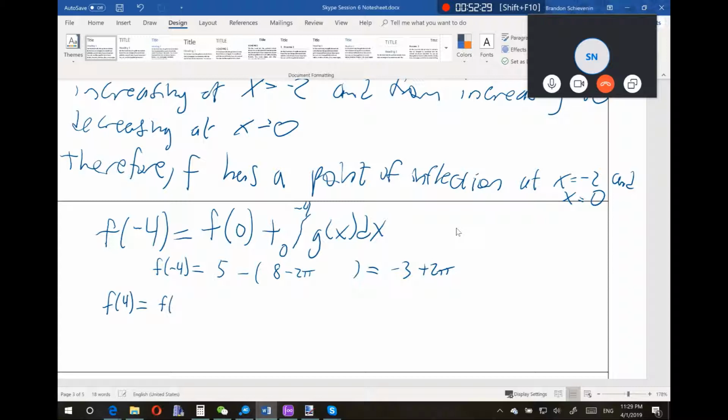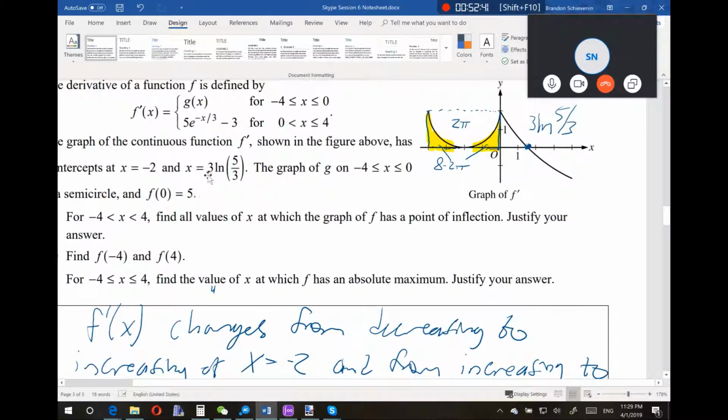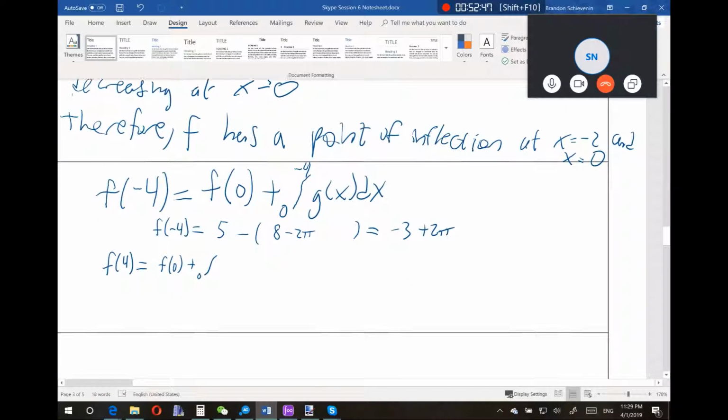Okay, from 5, that's f of 0, plus the integral from what to what? From 0 to 4. Okay, cool. From 0 to 4 of our function, which was 5e to the negative x over 3 minus 3, in terms of x.